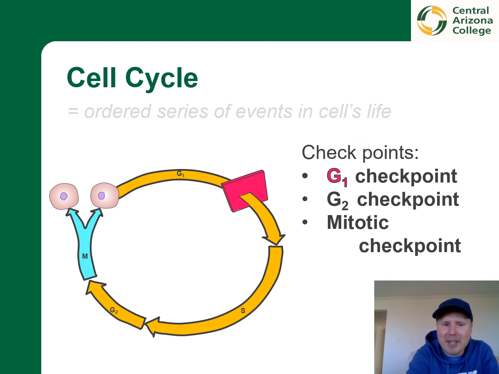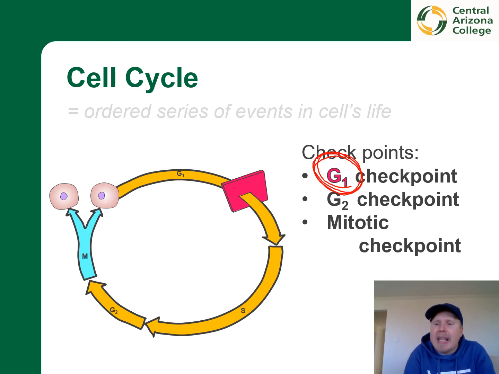The first checkpoint that we will have is known as the G1 checkpoint. This is actually the most important check of all of these. After the cell passes this checkpoint, it is committed to the division. During this stop, the DNA is going to get checked.